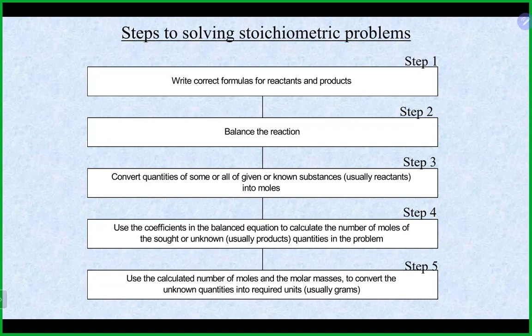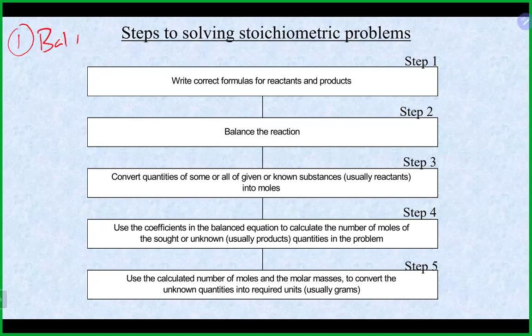You want to make sure you have the right formulas before you do the next thing, which is really important: balance the equation. Once you balance the equation, you want to take whatever they gave you and get it to grams and convert those grams to moles. Then the next step is to do the mole-to-mole relationship. And lastly, convert moles into some other unit. So basic stoichiometry problems are pretty much these 4 steps.